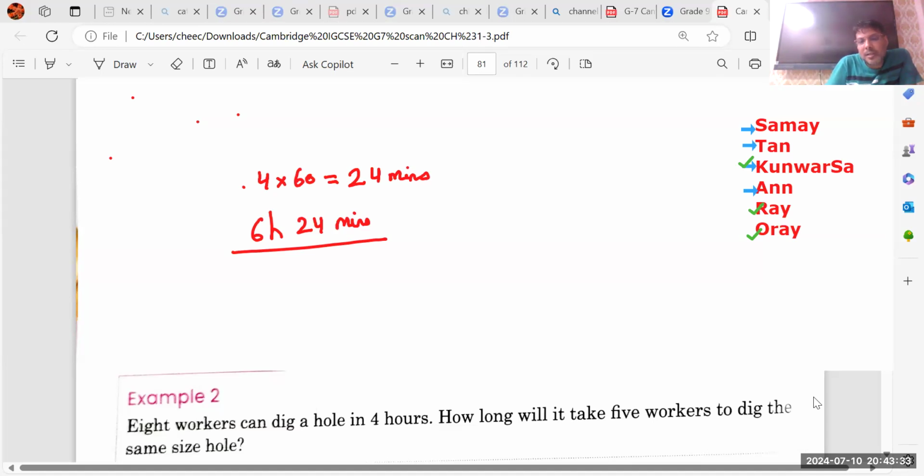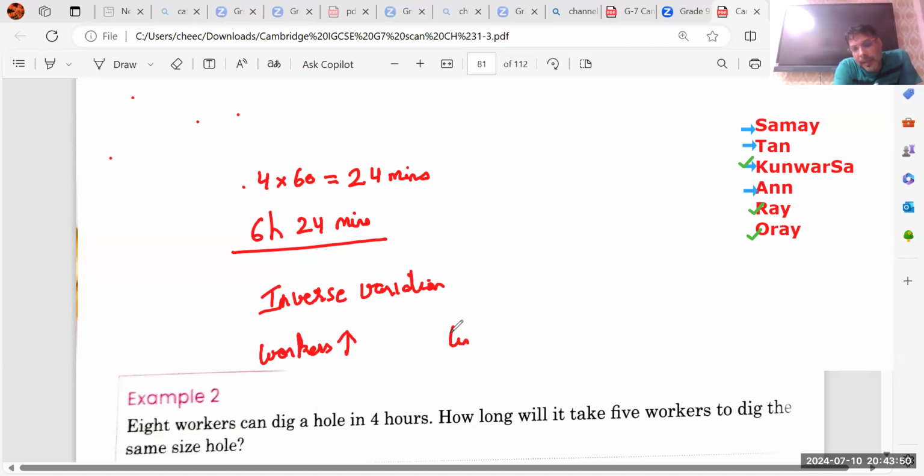And now this is a case of inverse variation. When the number of workers increases, the time taken decreases.